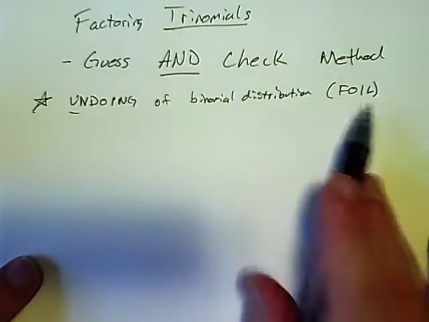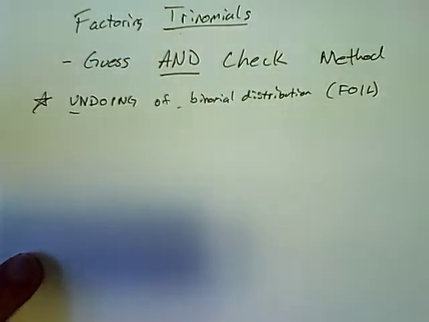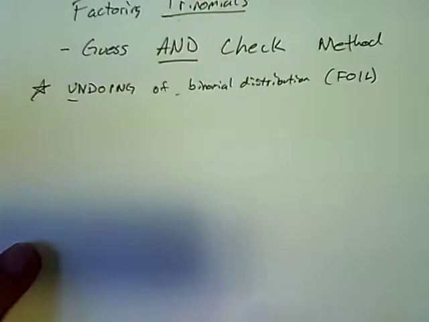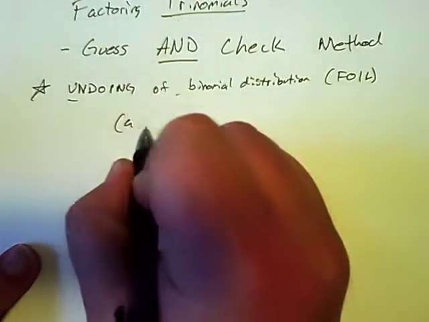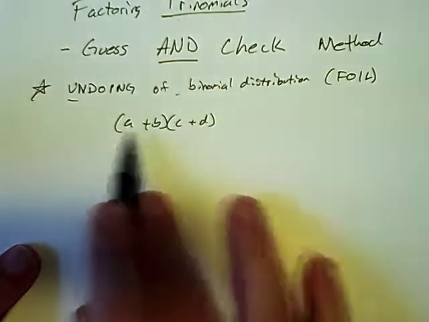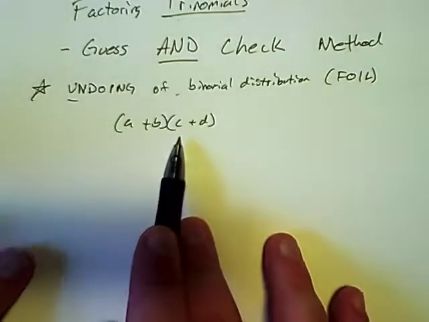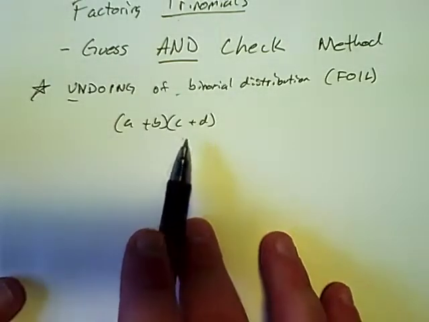So this is FOIL backwards. Really, it's binomial distribution backwards. And really quickly, I'm just going to write a plus b times c plus d. I'm going to quote FOIL these out just so that you can see what's going to happen.